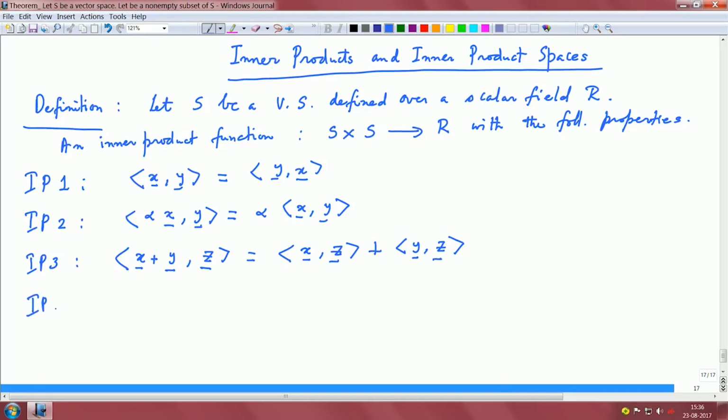And we have the last property, the inner product of a vector with itself is greater than 0 for all x which is not the null vector, and it is 0 if and only if the vector itself is a null vector.